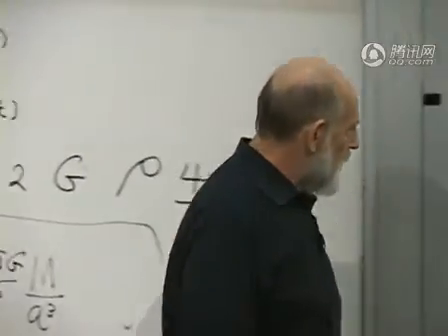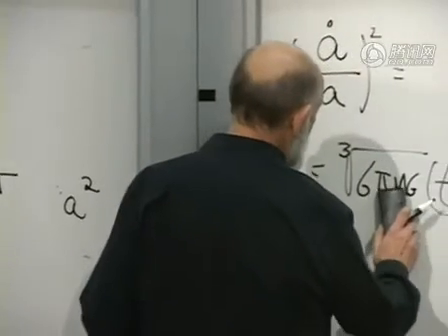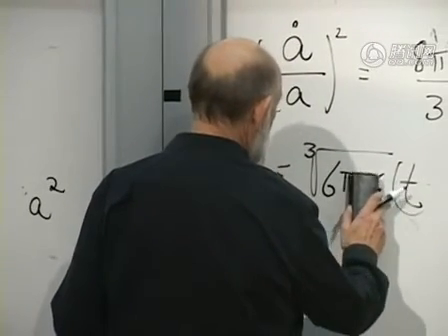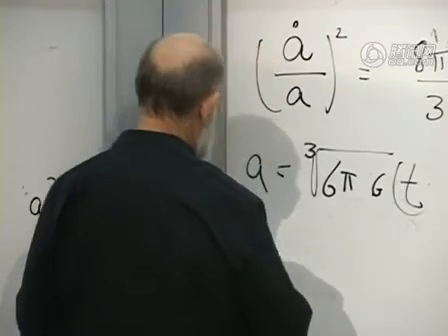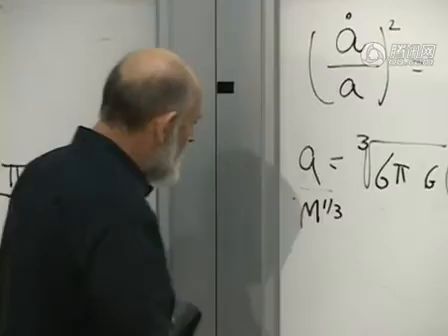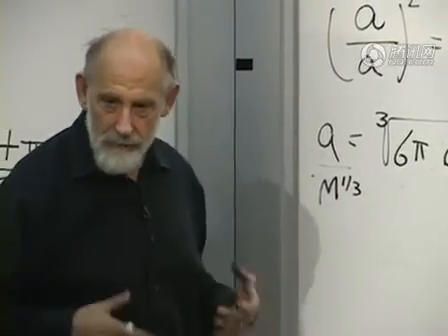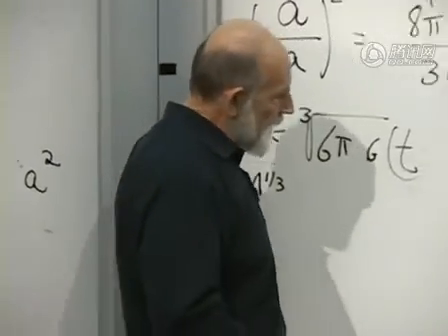The real thing which is not arbitrary is A divided by m to the 1/3. Now why is this particular combination the physically meaningful one?